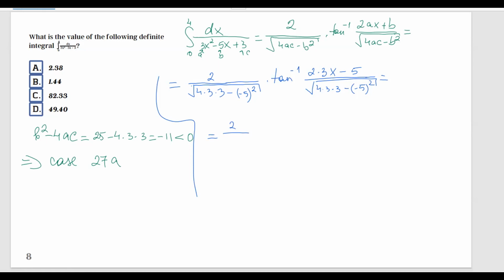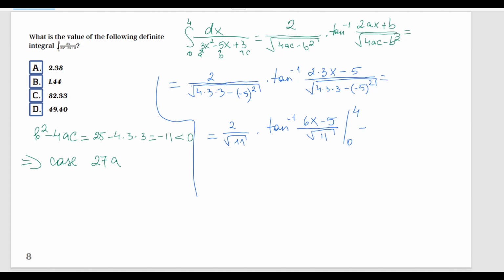We should get the square root of 11 multiplied by tangent minus 1. Here we have 6x minus 5 over the square root of 11, and the interval is from 0 to 4.